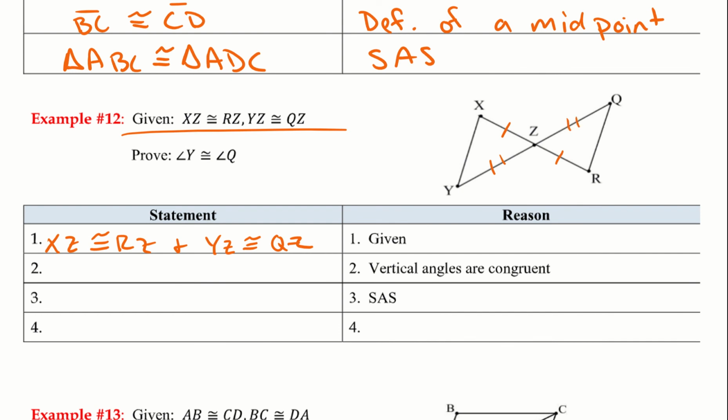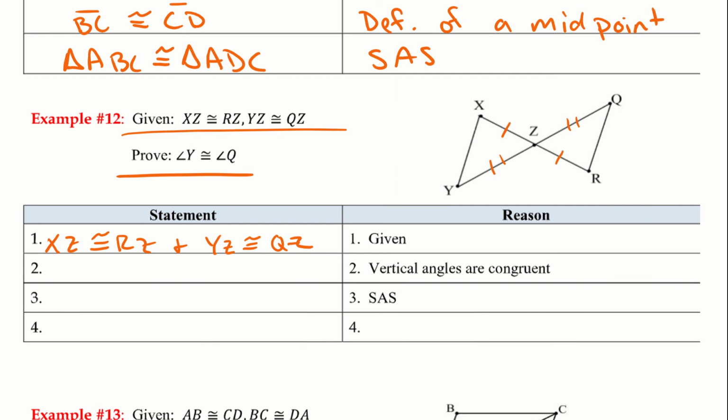Our goal is to prove that angle Y is congruent to angle Q. This time we're not just proving the triangle, we are proving the angles. But we do need to prove the triangle in order to prove the angles, especially since our reasons include side angle side. Our reason is vertical angles are congruent.